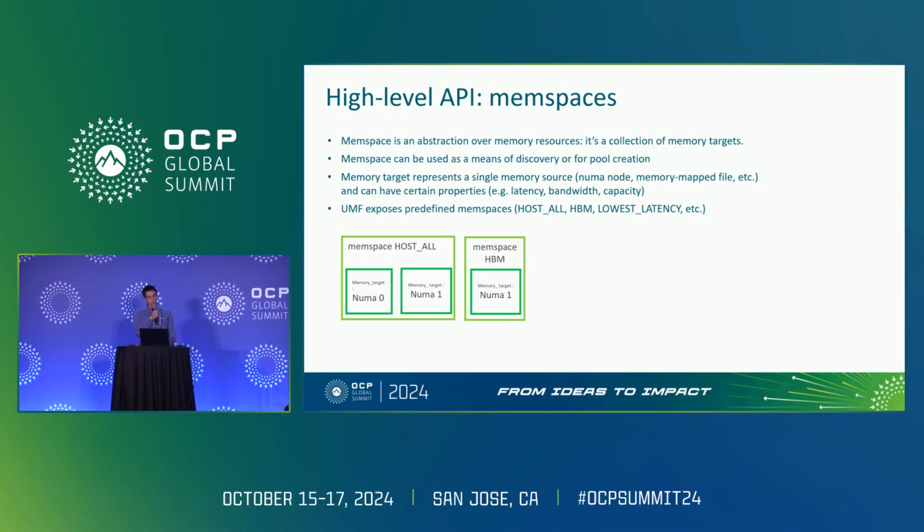Now, UMF exposes a few predefined memspaces. You can see two examples on this slide. Memspace host all, which basically contains all the available NUMA nodes from the system that you can iterate over, and memspace HBM that in this example contains a single NUMA node, in which case allocating from that memspace would be equivalent to allocating memory on the highest bandwidth memory.